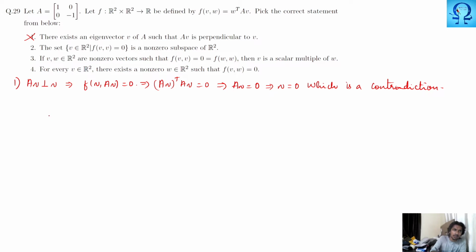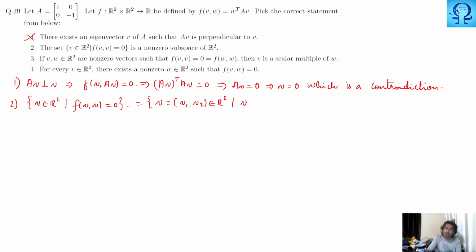In the second thing, what they have given is that this set is a non-zero subspace of R2. Let us try it. The set given is V in R2 such that f of V comma V is 0. So this one we may write as V, which takes the form V1 comma V2 in R2, such that f of VV, that is V transpose times the matrix 1 0 0 minus 1 times V, is equal to 0.